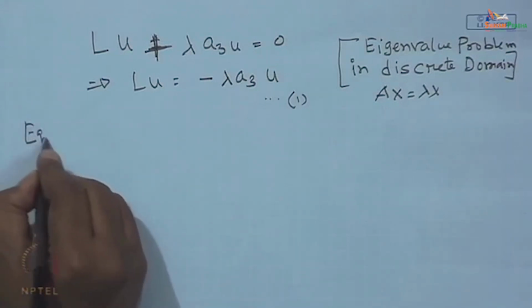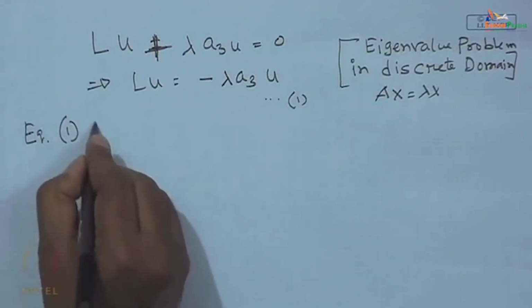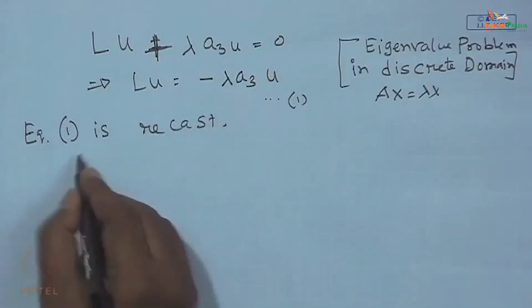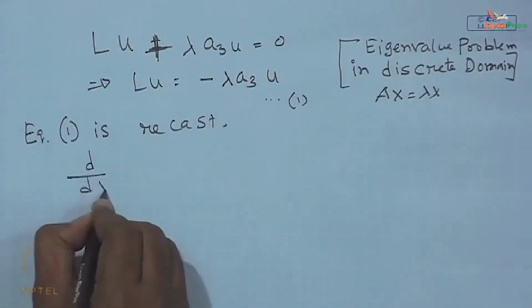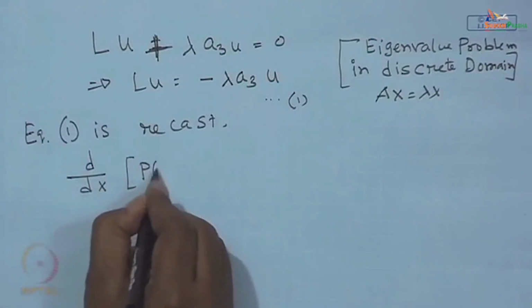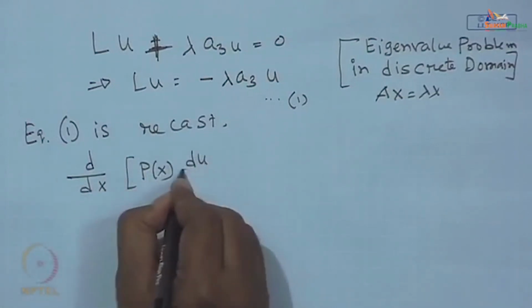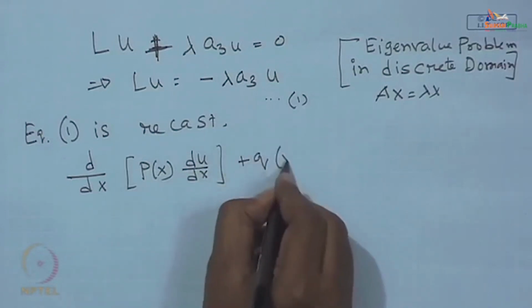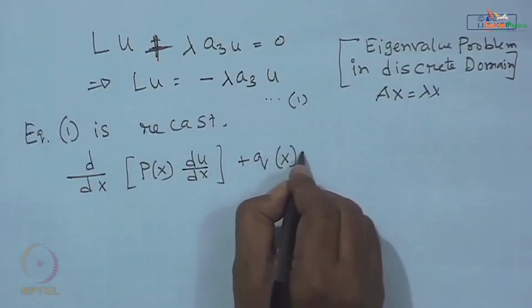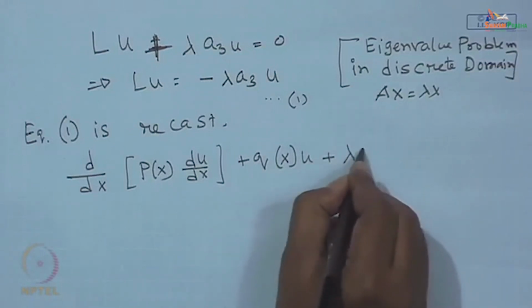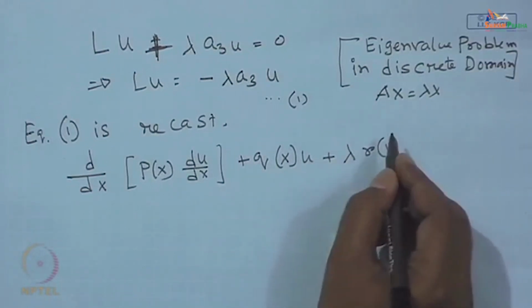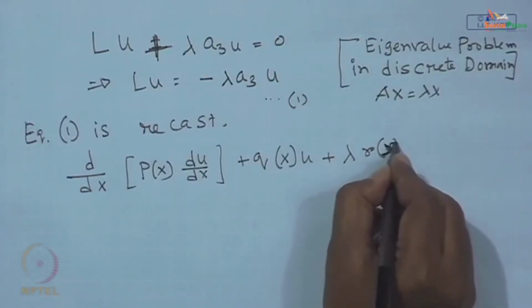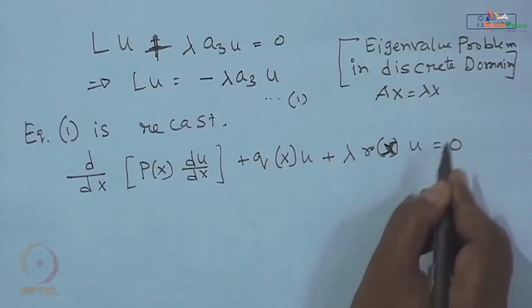So, equation 1 is recast as d dx of p of x du dx plus q of x u plus lambda r as a function of x times u is equal to 0.